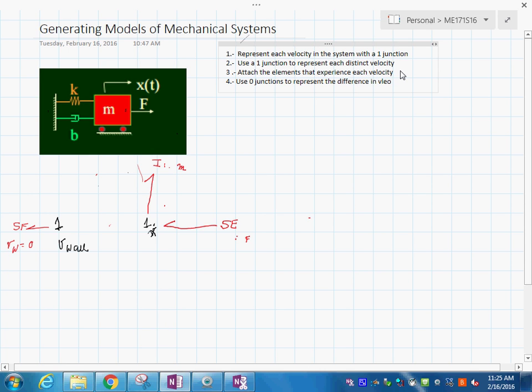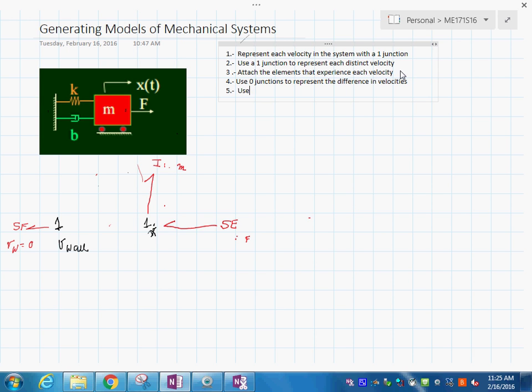Okay, and then five, you could say, no, not the word use. The word represent is better.